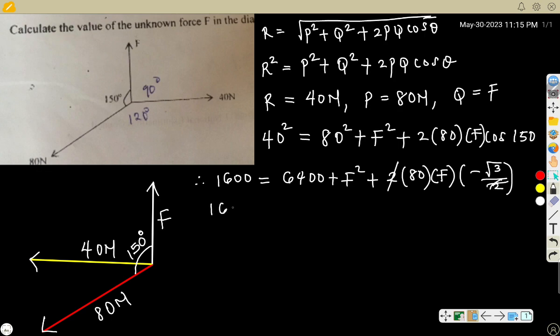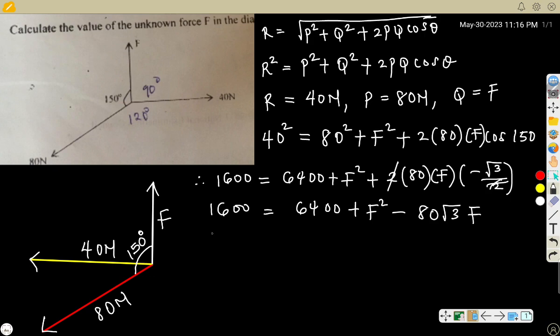So we have 1600 equals 6400 plus F square. If that minus opens, we have plus F square, then minus. Remember there is minus here, so minus times plus will turn to minus. So minus 80 root 3 F, as that's what we have there.